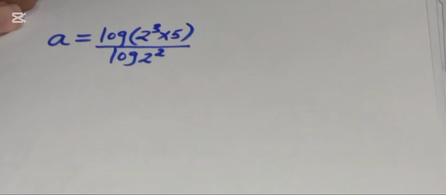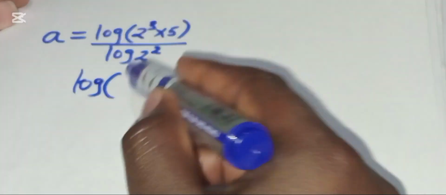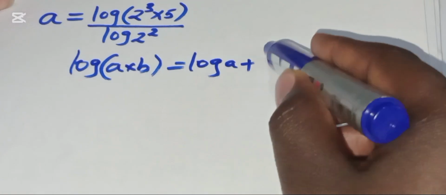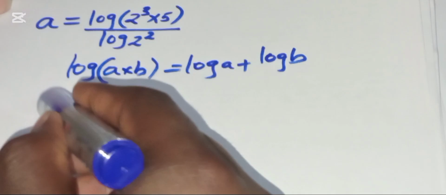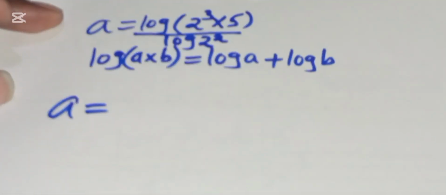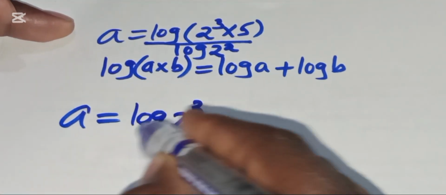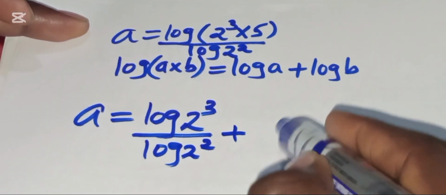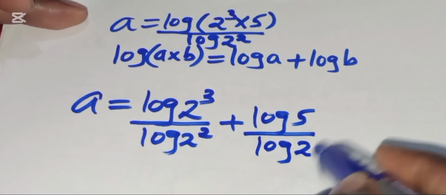Now log of 2 cubed multiplied by 5 is in the form of log a multiplied by b, which can be expressed as log a plus log b. Applying this property, we'll have log of 2 raised to power 3 divided by log of 2 raised to power 2 plus log 5 divided by log of 2 raised to power 2.